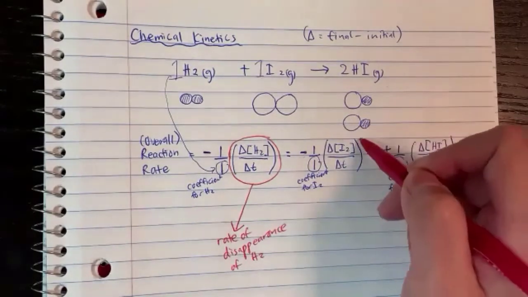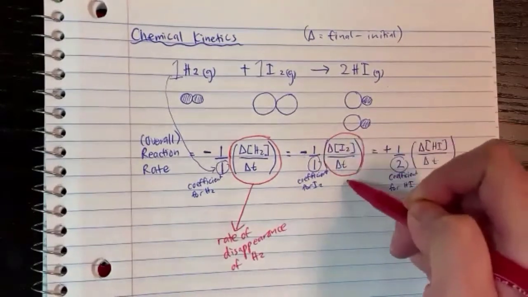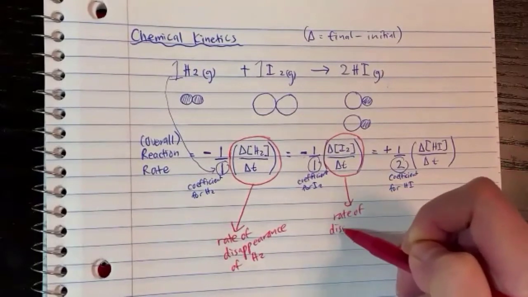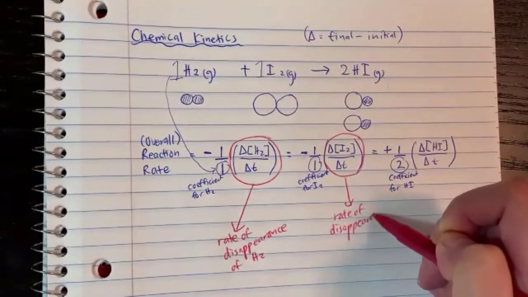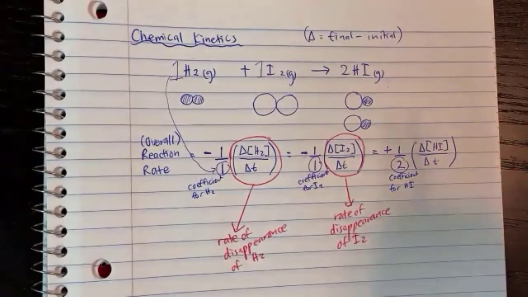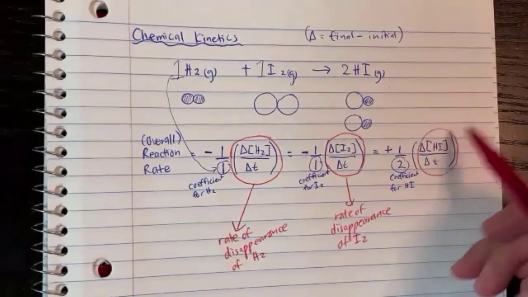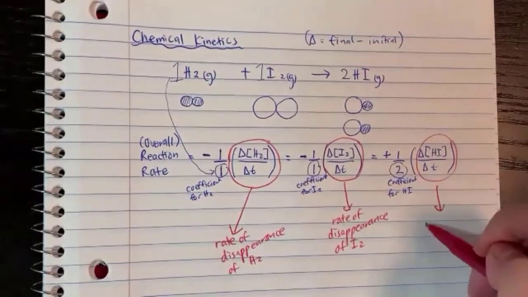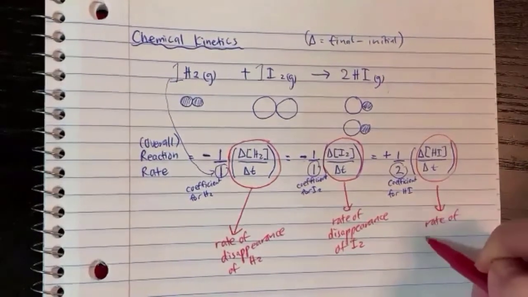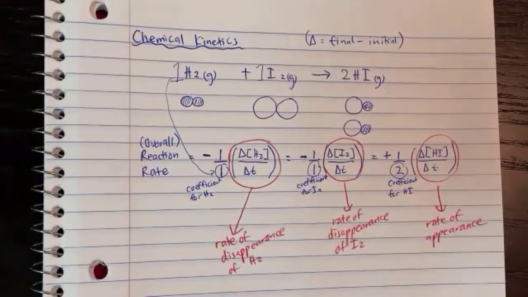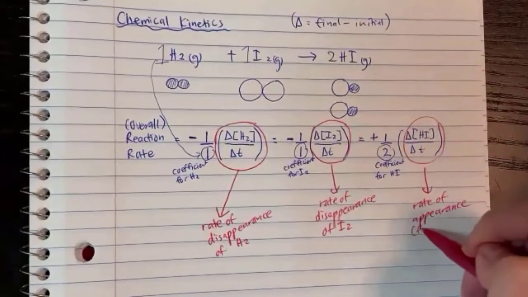Now what about this term here? This term means rate of disappearance of I2. And this term over here is not disappearing, is it? It's appearing. So we can say rate of appearance. Sometimes people say formation.